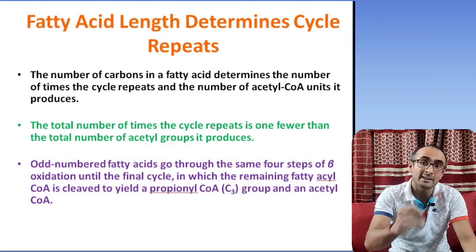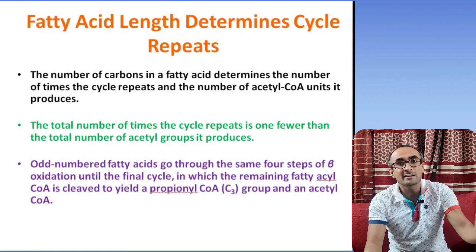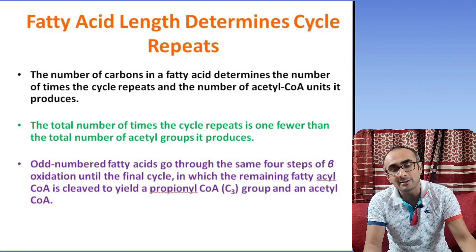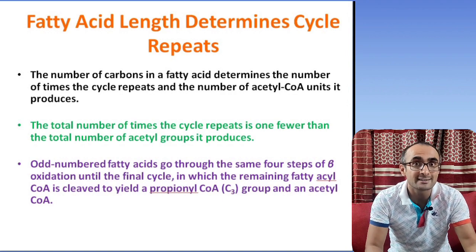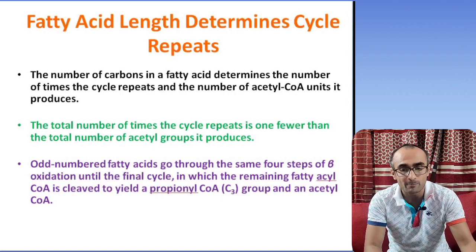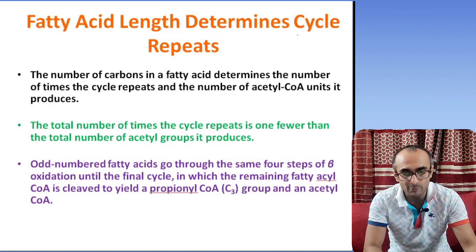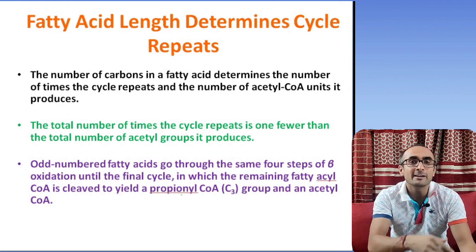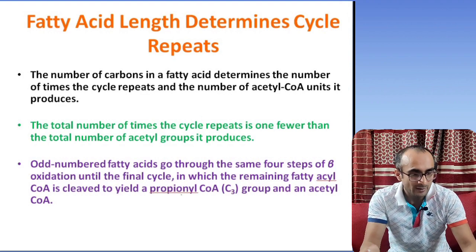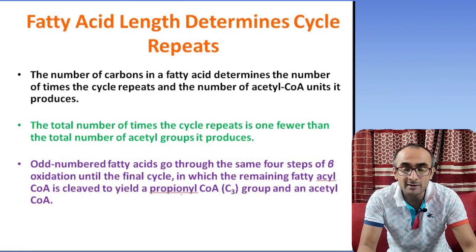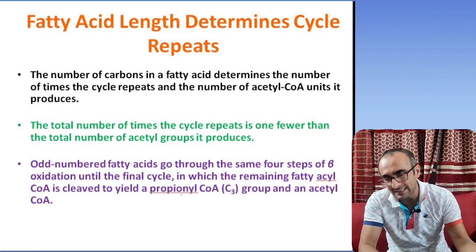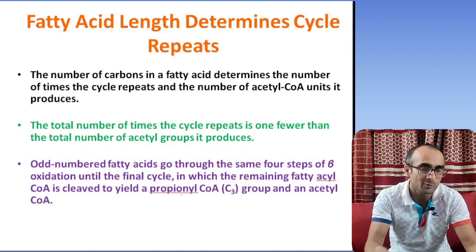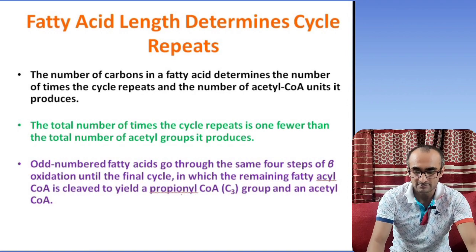Every cycle will give one acetyl coenzyme A, but when the last 3 carbons are left, those 3 carbons will be produced in the form of propionyl coenzyme A in the case of an odd numbered fatty acid. And this propionyl coenzyme A will be converted into succinyl coenzyme A that will enter the Krebs cycle, and will be used for synthesis of glucose or for production of energy.